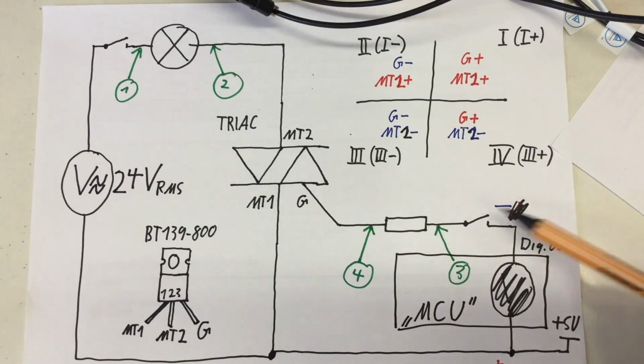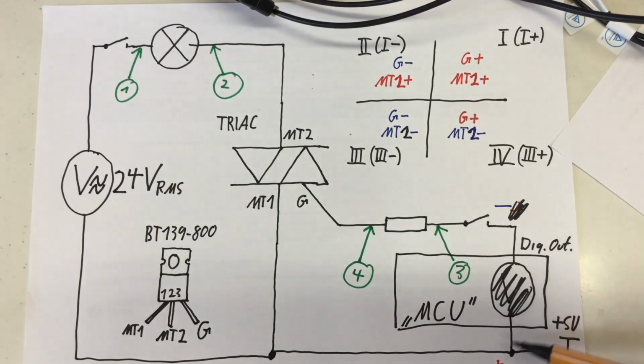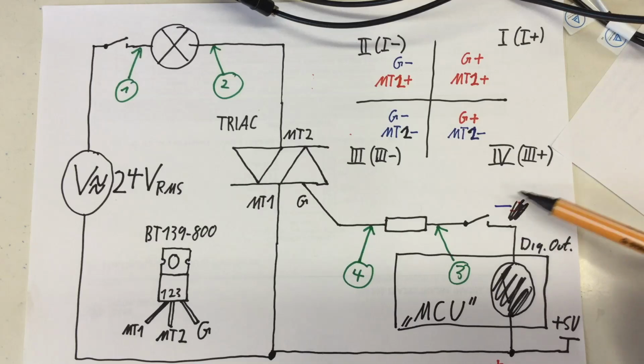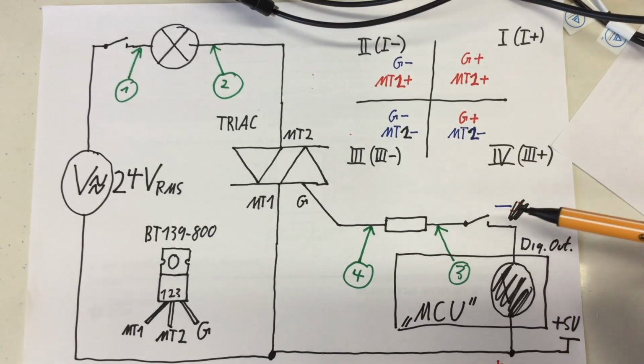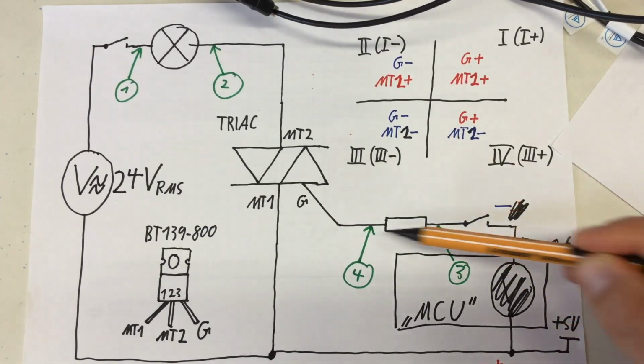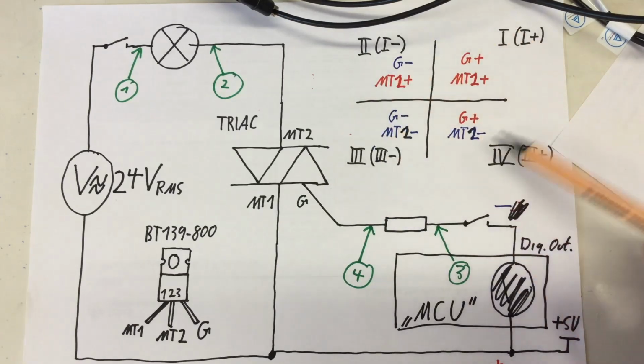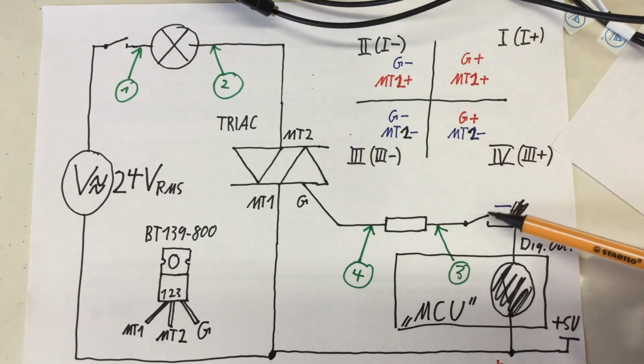Suppose we are really using some microcontroller, Arduino, PIC, whatever, to drive our gate. Nobody is forcing us to drive our gate with a positive current. TRIACs are a 4-quadrant device.